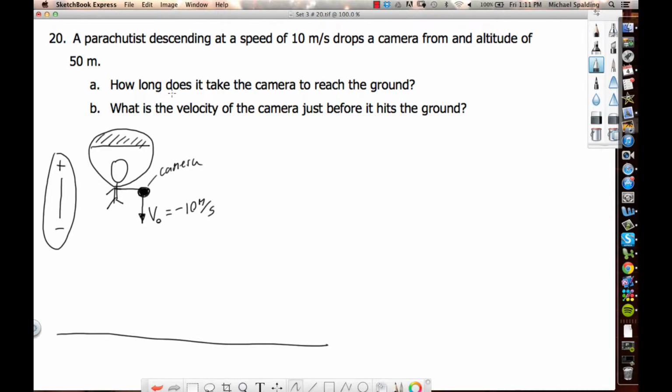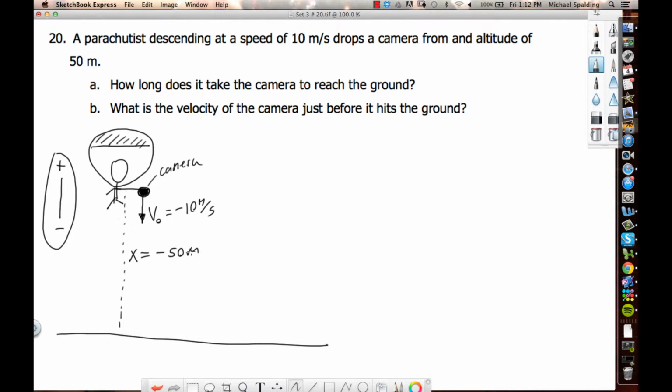So what other information do we have? The initial height of the camera is 50 meters. So that's going to be the displacement. From there down to the ground, the displacement of the camera is what? Negative 50.